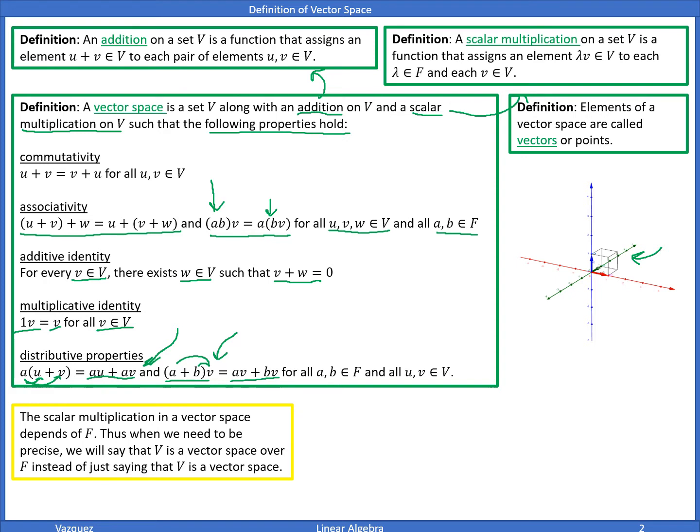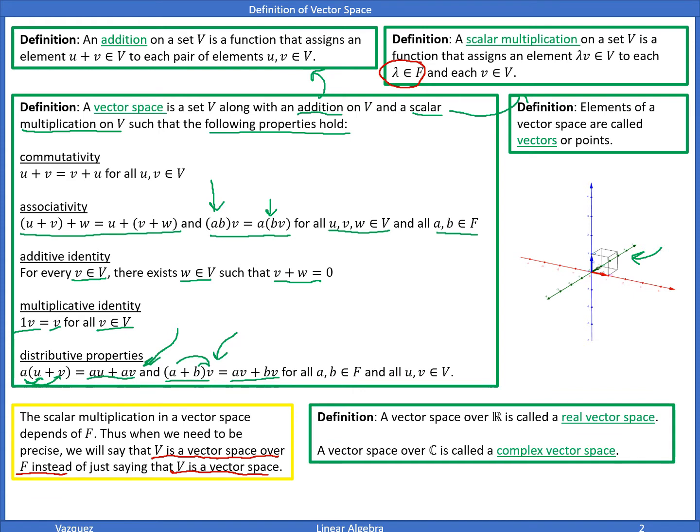The scalar multiplication in a vector space depends on F. So over here, at the top, notice how in this definition, lambda is in F. So when we do need to be precise, we need to say the vector space is V, sure, but it's over F because our scalars are in F. We say that to be precise instead of just saying, oh, V is a vector space.